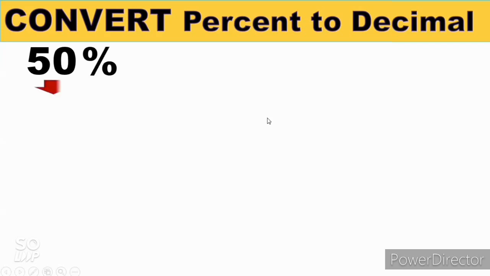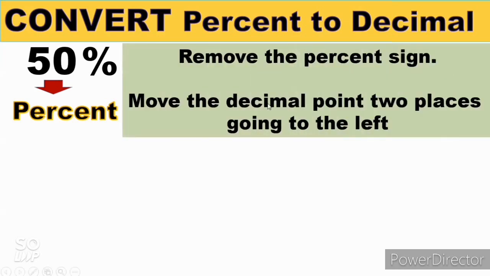Okay, so the first example is 50%. So the first step is to remove the percent sign and then move the decimal point 2 places going to the left direction. Okay, next we have 50. We convert to decimal. Next, we're going to move the point 2 places going to the left direction.